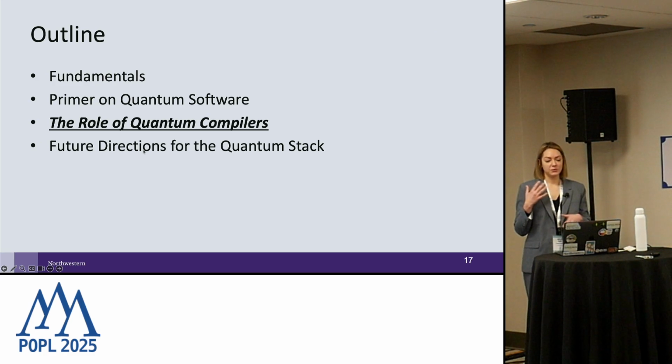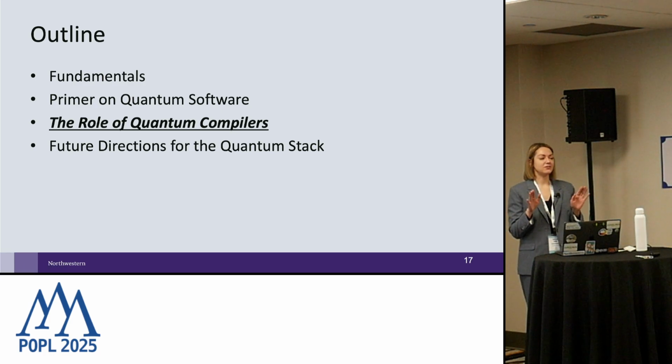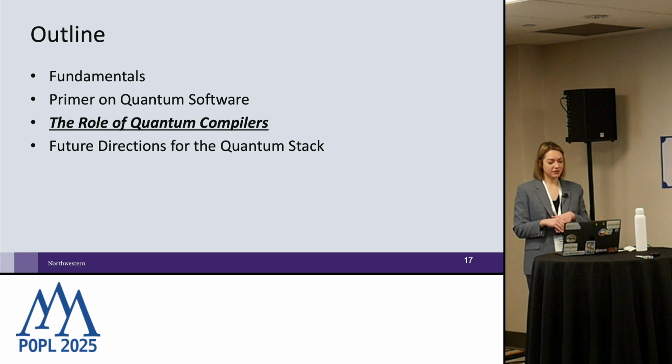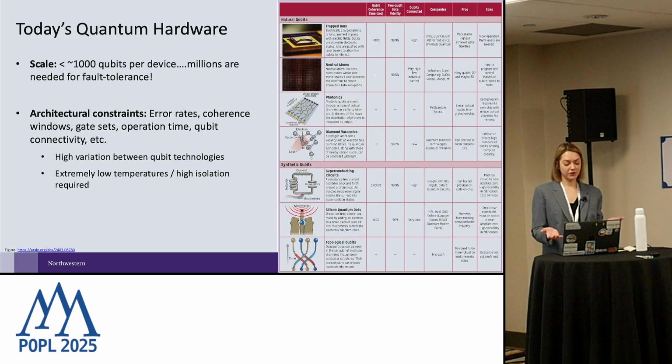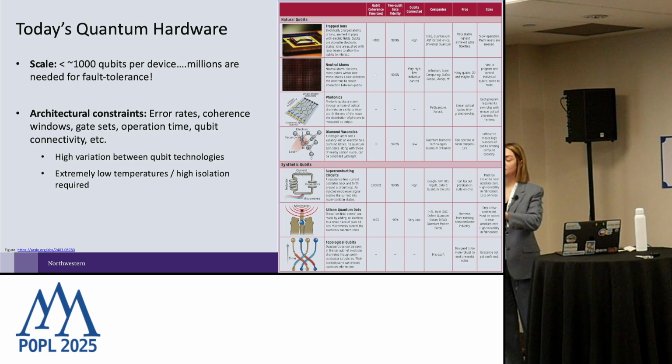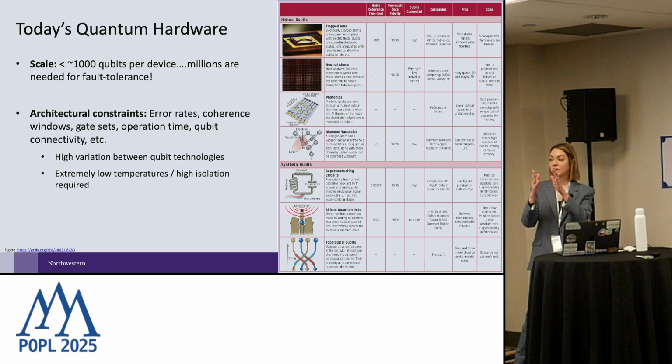So now that we've given a little primer about quantum software, we're going to dive into a deeper study where we look into the role of quantum compilers. To first motivate this work, when we talk about compilation, we do have a nice stack that goes from a very abstract definition of a problem.